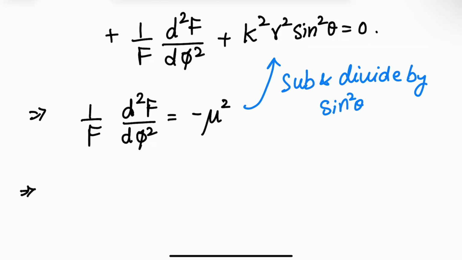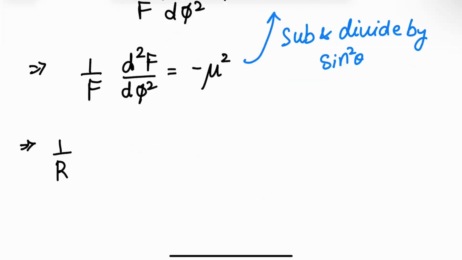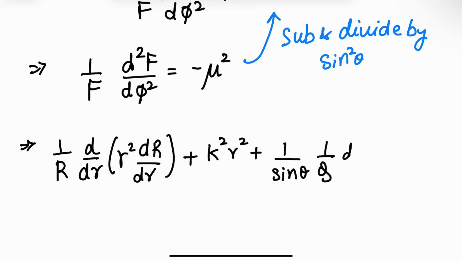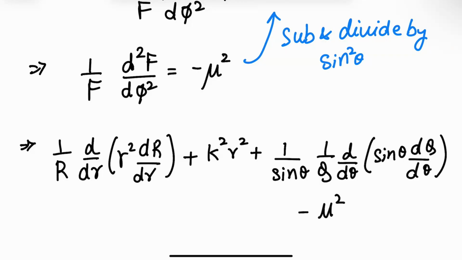And you end up with 1 over R, d over dr, r squared dR over dr, plus k squared r squared, plus 1 over sine theta, 1 over Q, d over d theta of sine theta dQ over d theta, minus mu squared over sine squared theta equal to 0.